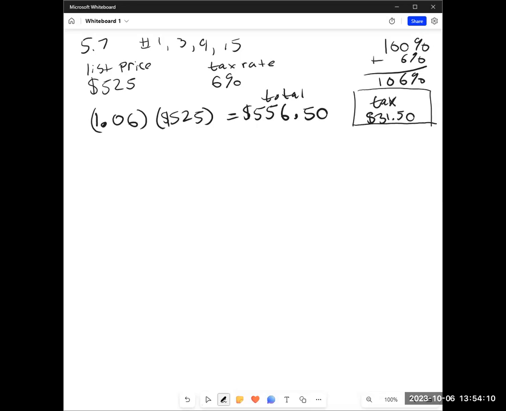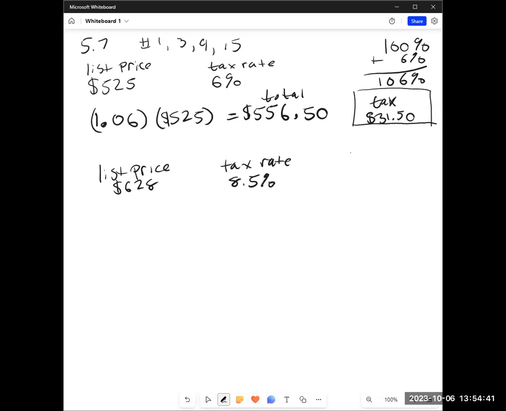The purchase price of a camcorder is $628. What is the total price if the sales tax rate is 8.5%? So we're assuming the $628 is the list price. We have a tax rate of 8.5%.